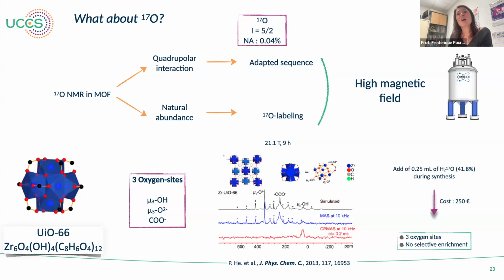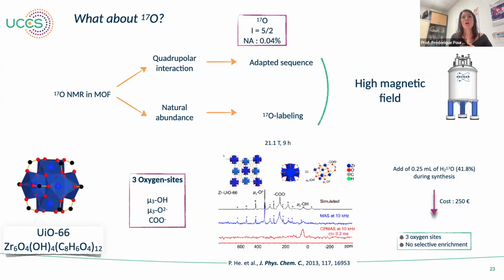And in this study, they used 0.25 milliliter of water enriched at 41% during the synthesis. And this amount of water, even if it's a small amount, gives you a cost of 250 euros for the sample.